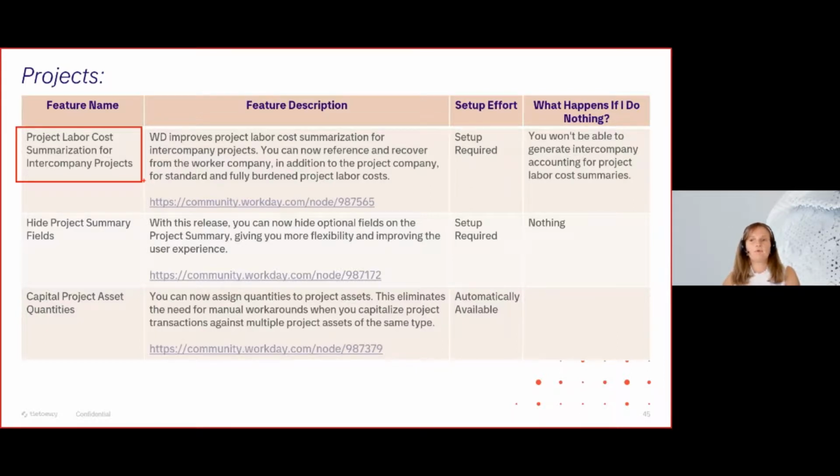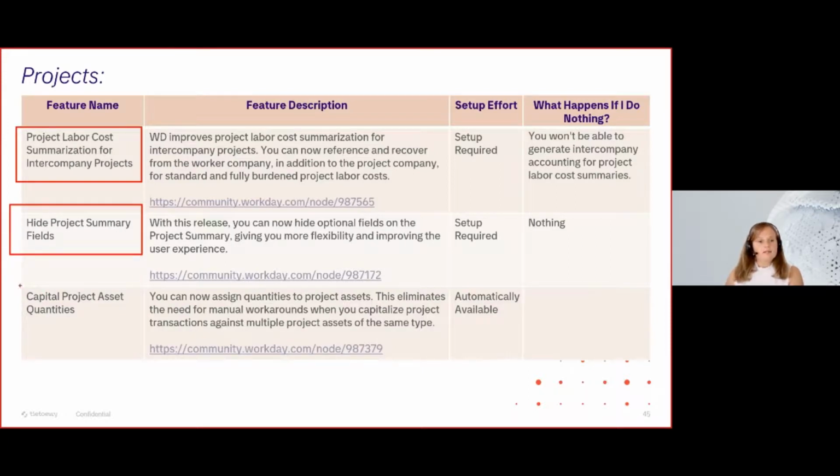And this feature improves how you match your project labor costs with the revenue, streamlining the accounting for intercompany projects. And then with this release, you can also now hide some optional fields on the project summary, giving you more flexibility and improving your user experience.